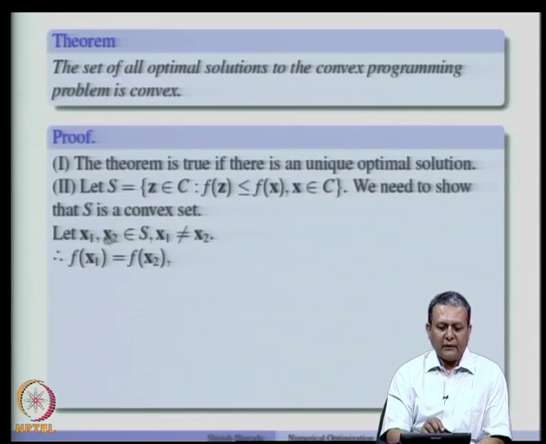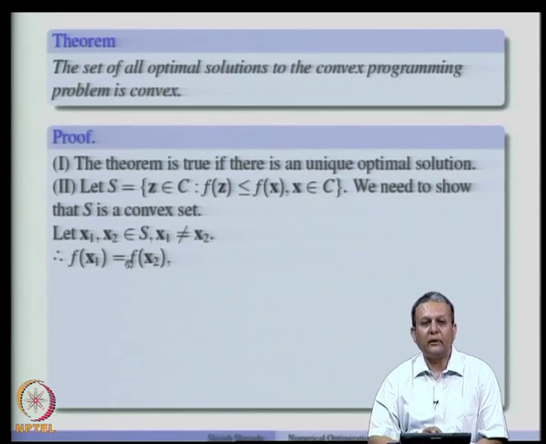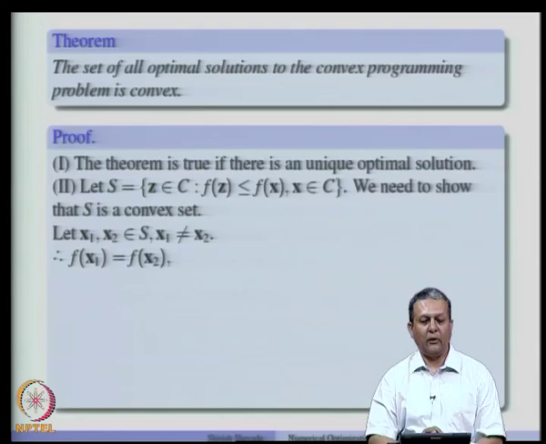Now, since x1 and x2 belong to set S, and we know that every local minimum of a convex programming problem is a global minimum, we have f(x1) and f(x2) to be equal.